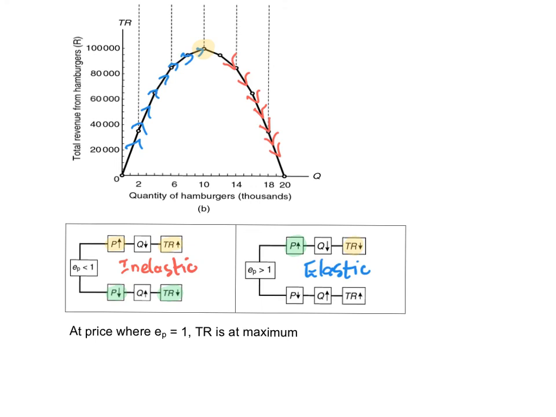On the other hand, when we have a fall in price, the total revenue increases. At a price where the elasticity coefficient is equal to 1, the total revenue is at a maximum.